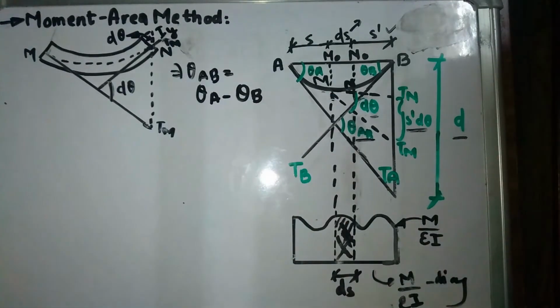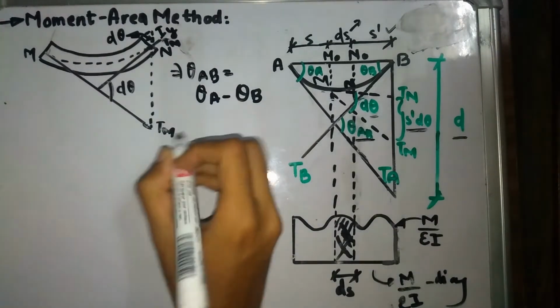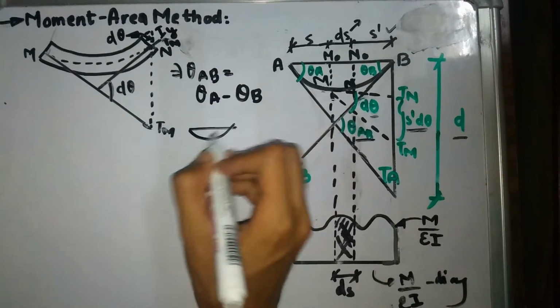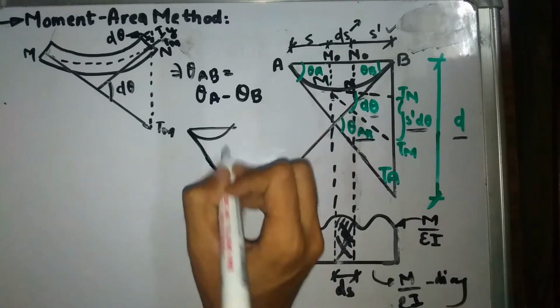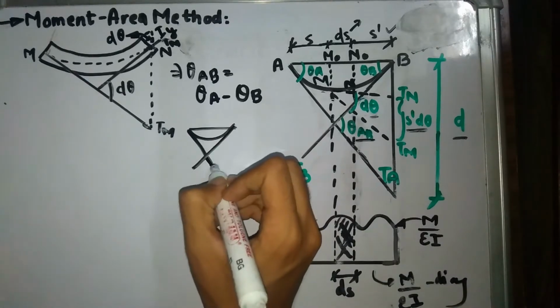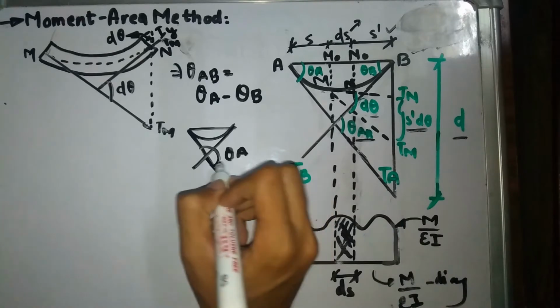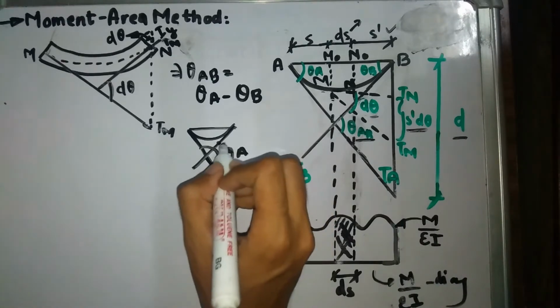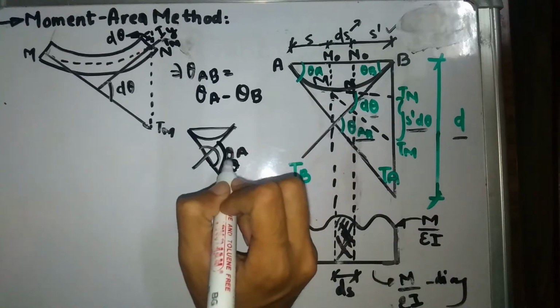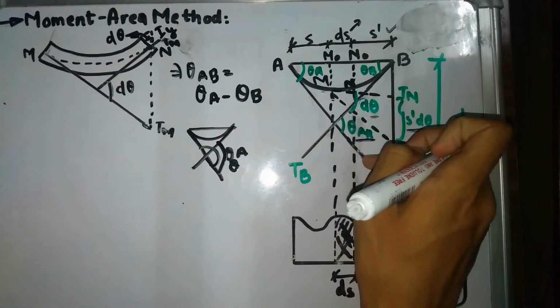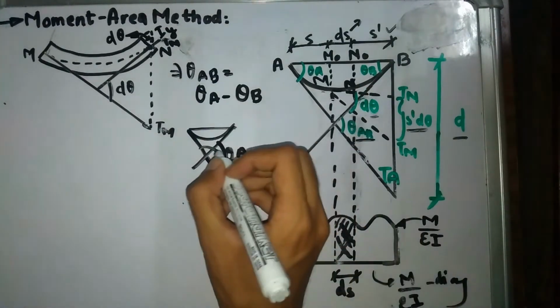In order to explain this clearly, let me draw it over here. My theta A is actually this, and my theta B is actually this. My theta B is going to be from here to here, a little bit larger angle.